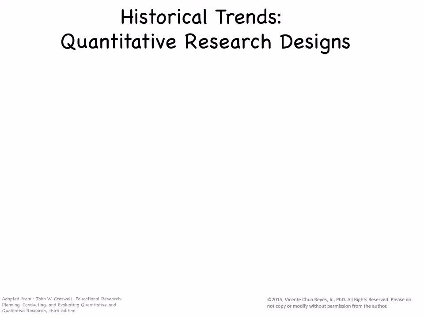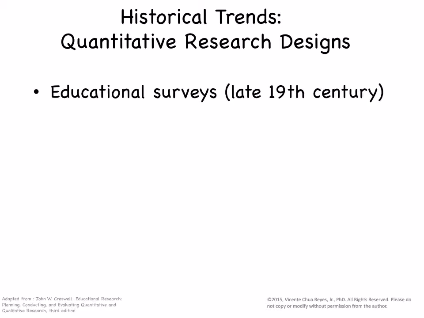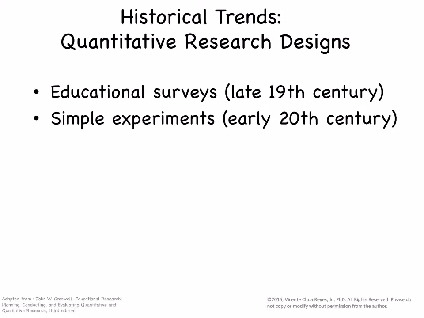There are 5 other epochs that we have to consider when we take a look at historical trends in quantitative research designs. The first would be the emergence of educational surveys that happened in the late 19th century, followed by the emergence of simple experiments, and this occurred in the early 20th century.